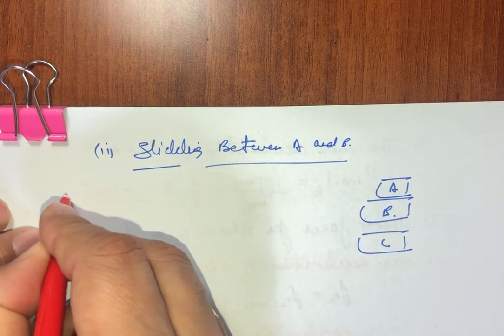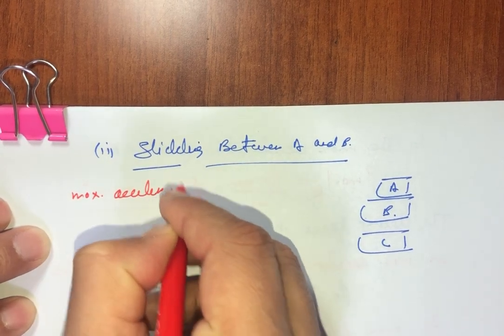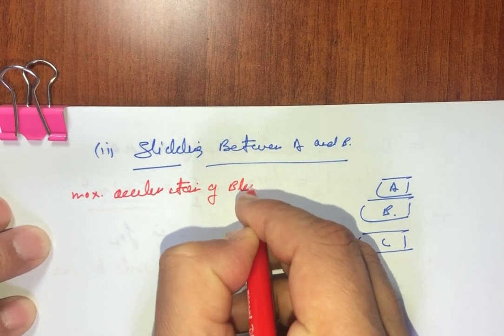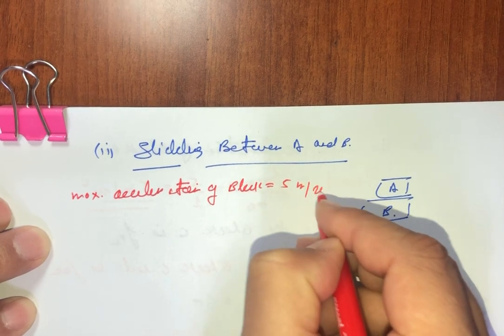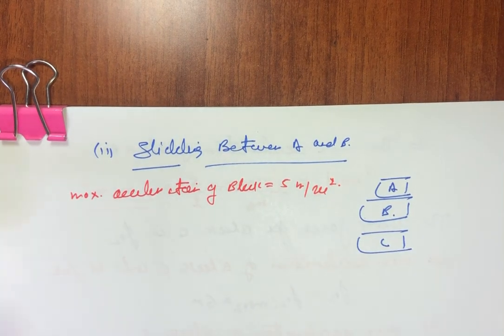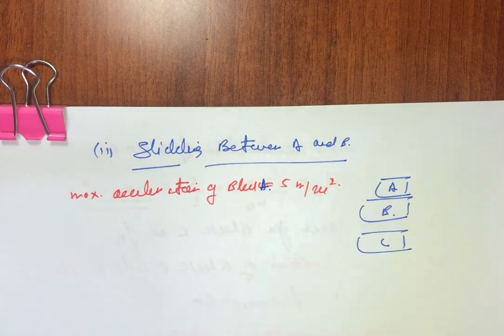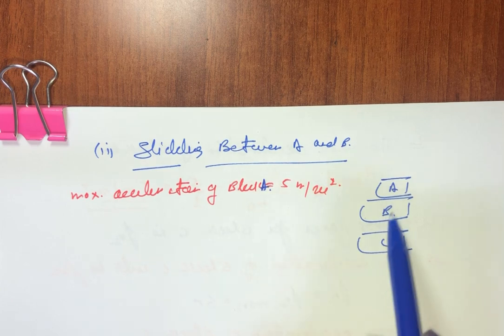So the maximum acceleration of block A is 5 meter per second square. It means if the acceleration increases beyond 5 meter per second square, the sliding between A and B is going to start.